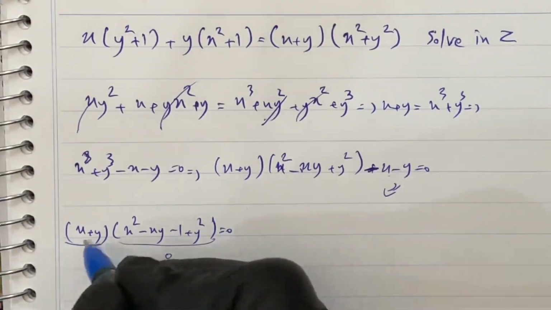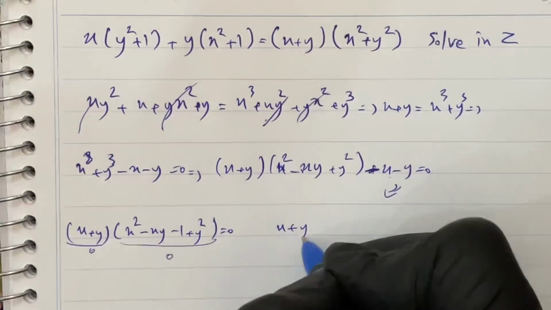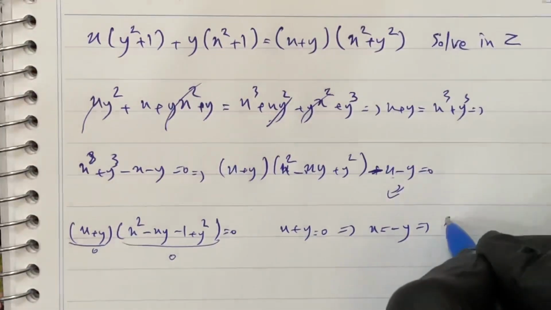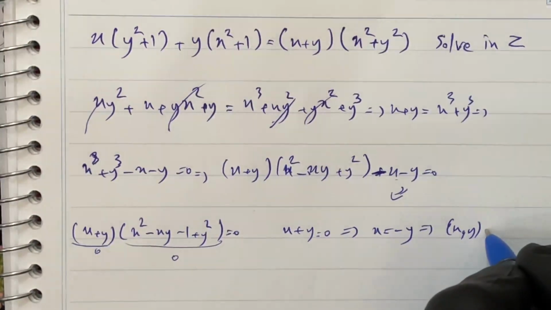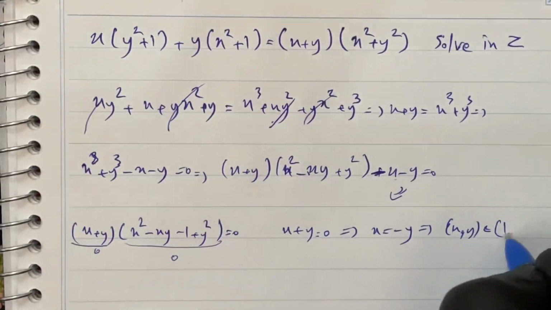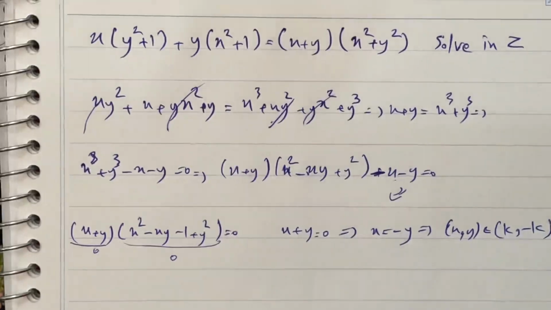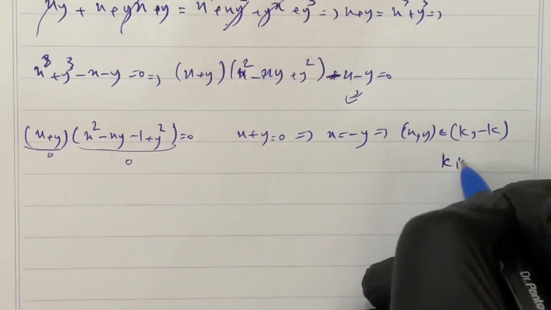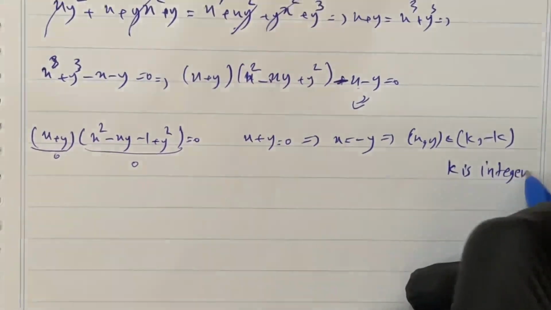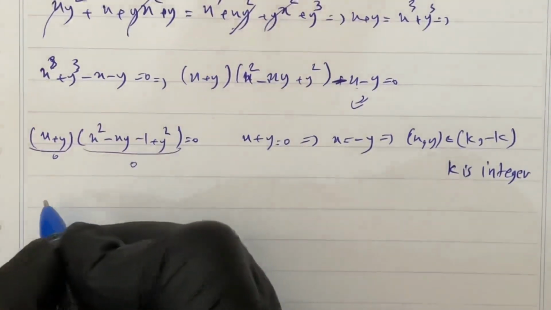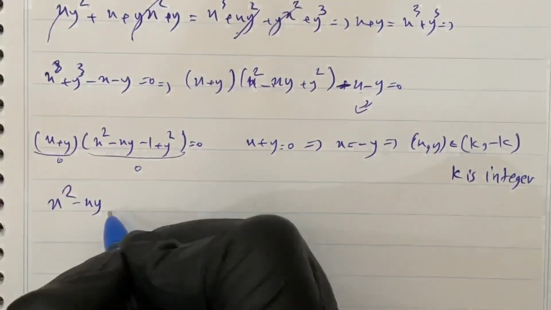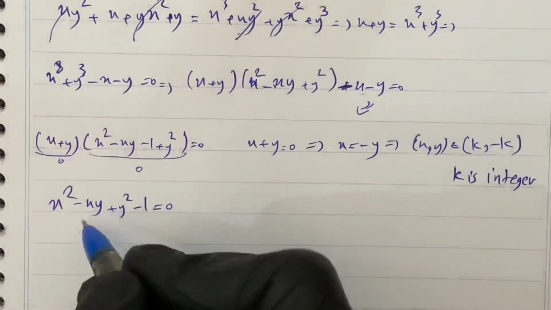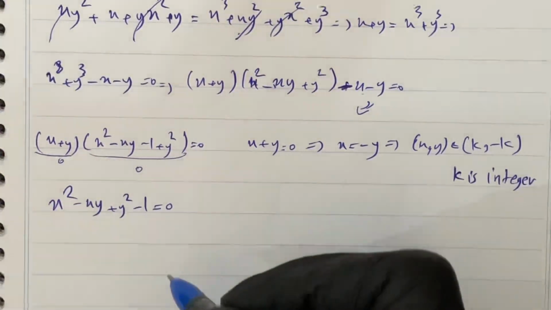For the first case, x plus y equals 0, so x equals negative y, and we have the set of answers as k, negative k, where k is an integer. For the second case, in order for this equation to have answers in integers, I'm going to write the discriminant in terms of y.